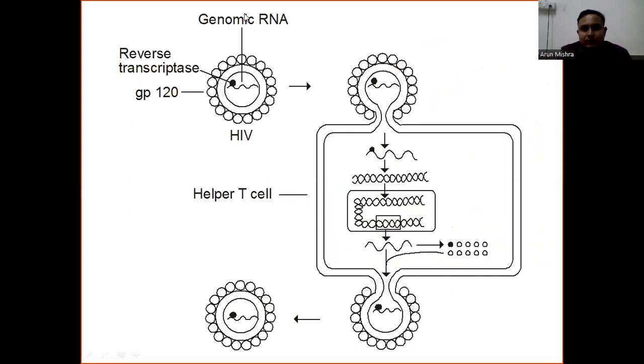The HIV virus has genomic RNA, reverse transcriptase, and the GP120 protein, and when it infects a cell, it forms its own nuclear material which replicates to form DNA, which further leads to the formation of different proteins, and thus a new virus, which again divides and produces its copies.